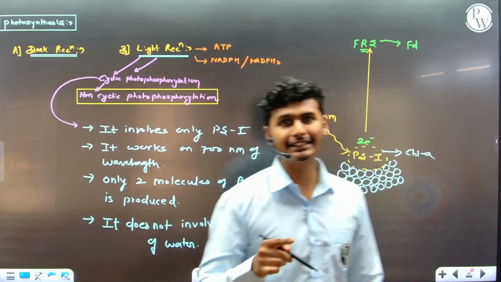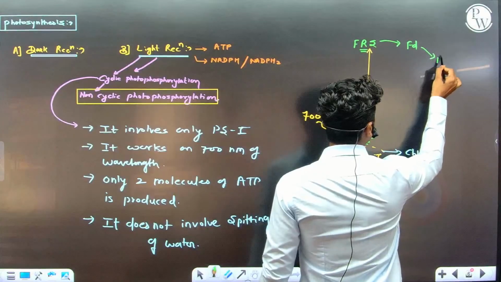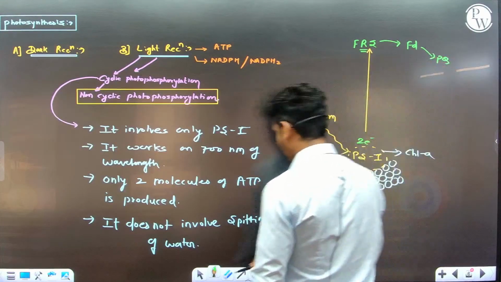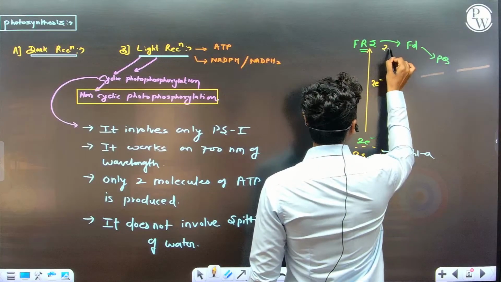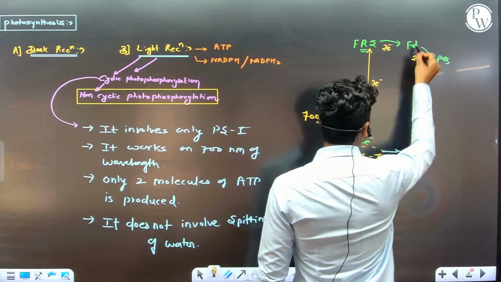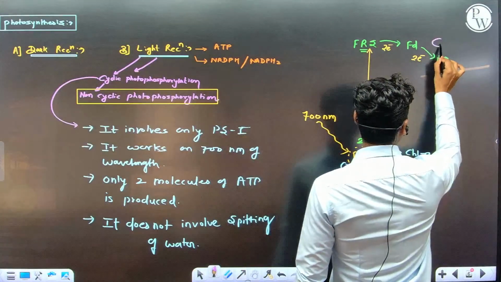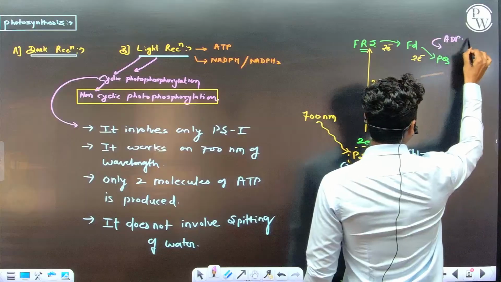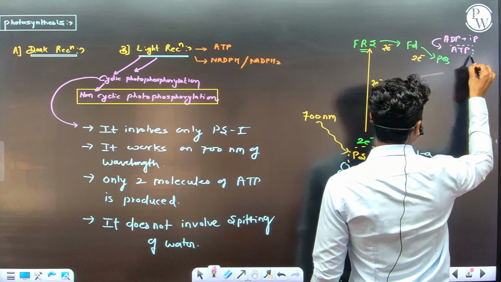It is passing this electron to the PQ. PQ is plastoquinone. In between FD and PQ, there is synthesis of ADP plus inorganic phosphate, giving us ATP. One molecule of ATP is formed here.